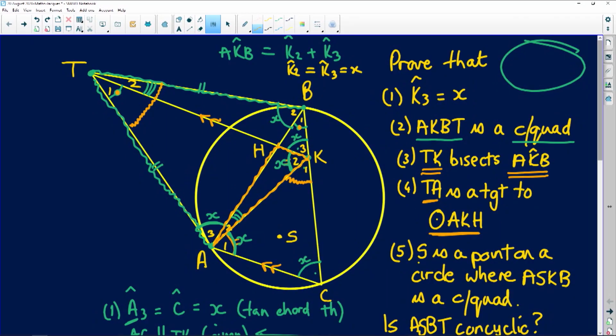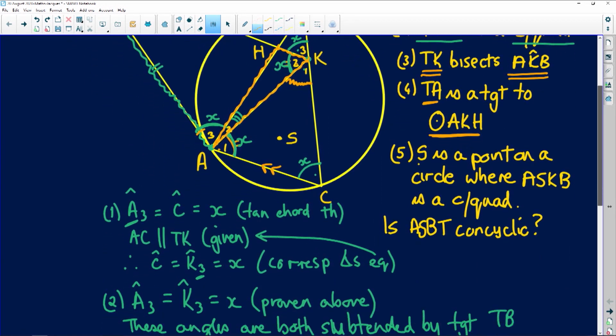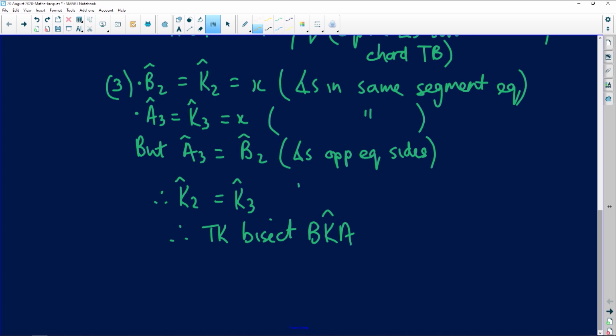Let's have a look. We already know that A3 is equal to K2. Okay, they're both equal to x. That's the point. There's the tangent. TA is our tangent. AH is our chord. The angle subtended is K2. So all we need to say is that K2 over here is equal to A3.